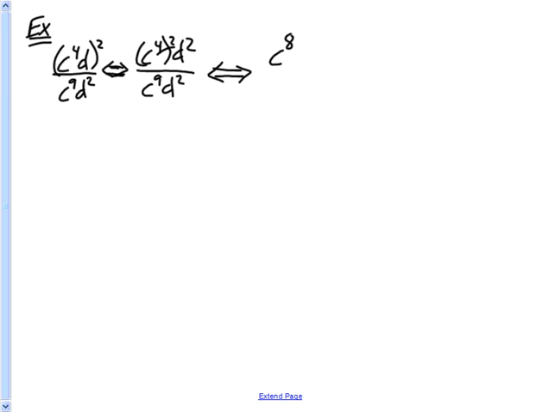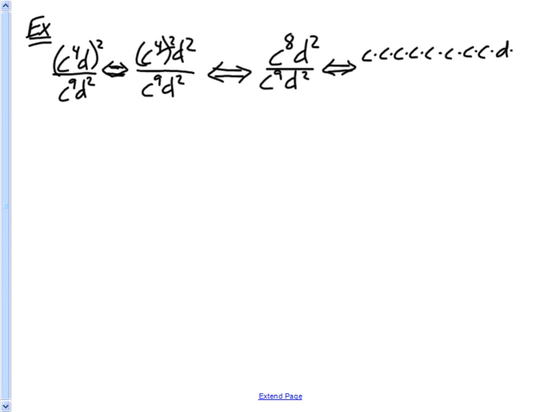You got 8 c's right there. And you got d squared. And on the bottom, you got c to the ninth d squared. Right? So if you got 8 c's on the top, you got 9 c's on the bottom, you're going to be left over with 1 c on the bottom, right? Or if you're unsure, you can always write it out. You know, it's kind of annoying, but you can do that. 1, 2, 3, 4, 5, 6, 7, 8.